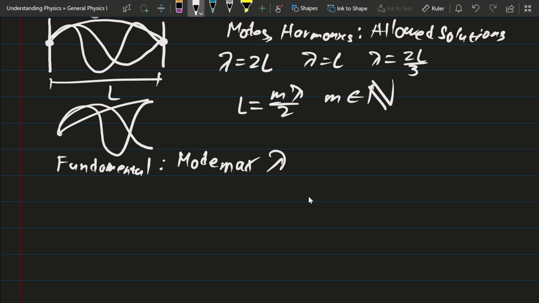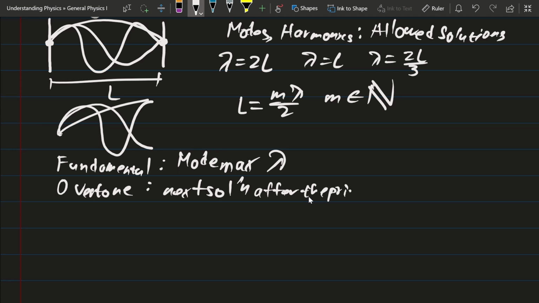That's the fundamental wave. And then there is the overtone, which is the next solution after the prior mode. So for example, the overtone of the fundamental mode is lambda equals L.